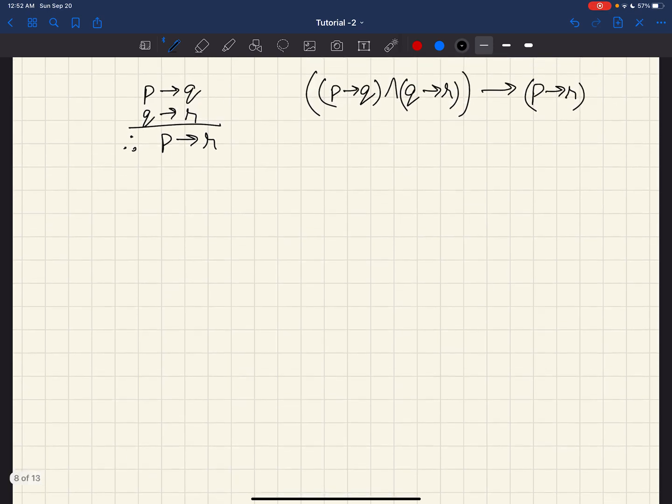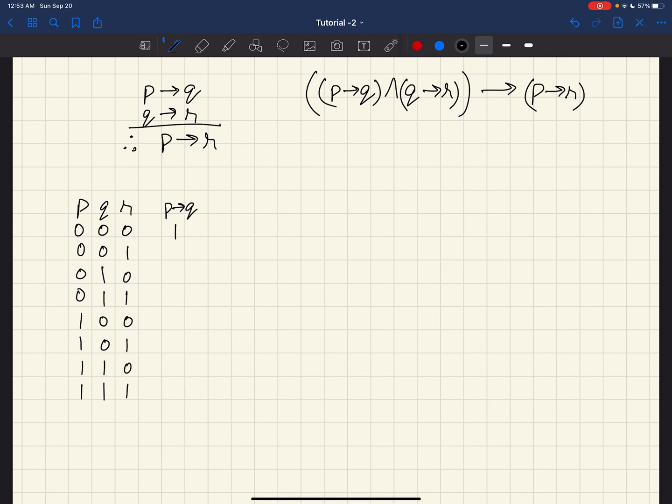So we will need P, Q, R. Now we need P implies Q, and we need Q implies R. It would be 1, 1, 0.